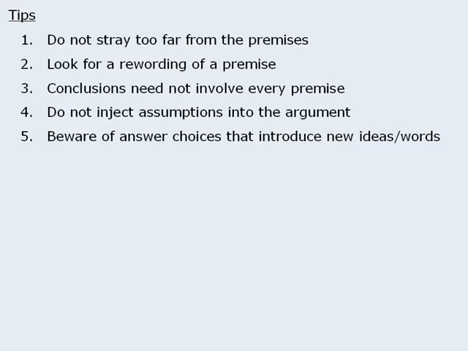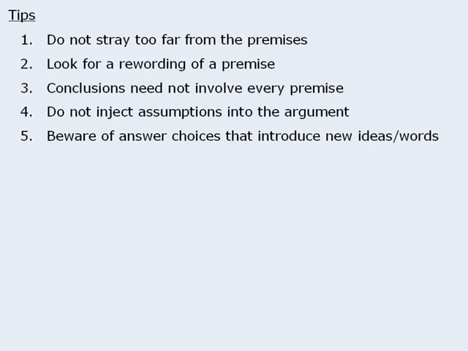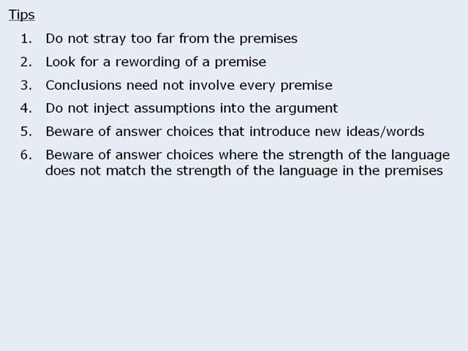If you see a key word in the conclusion that was not mentioned in the premises, then that answer choice is probably not correct. And finally, beware of answer choices where the strength of the language does not match the strength of the language in the given premises. For example, if the premises contain words indicating uncertainty, such as perhaps, sometimes, and maybe, then a forceful conclusion with strong words, such as always and must, cannot be the correct answer.